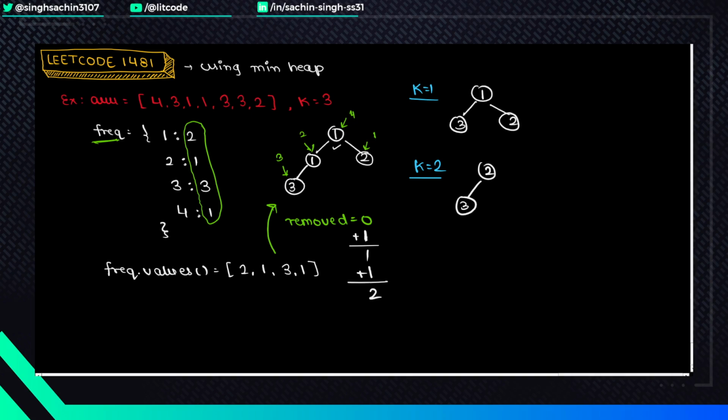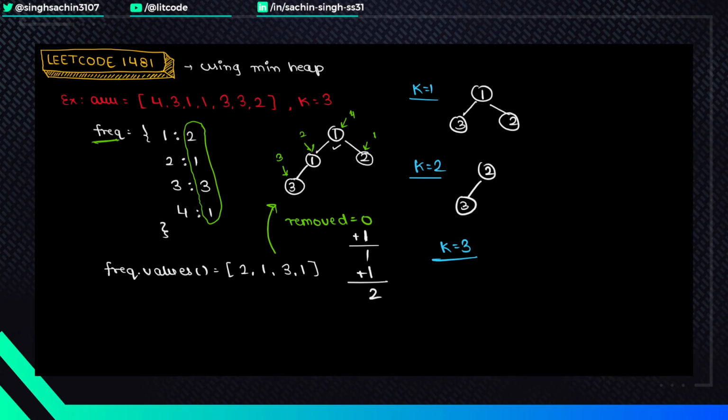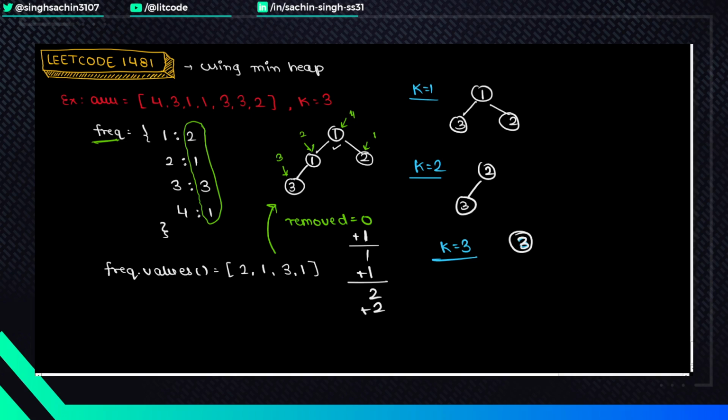Now again, for k equals 3, if you see, this time we remove 2, and we are only left with 3 now. But if you add 2 to the value of removed, it's going to end up being 4. And 4 is greater than k.